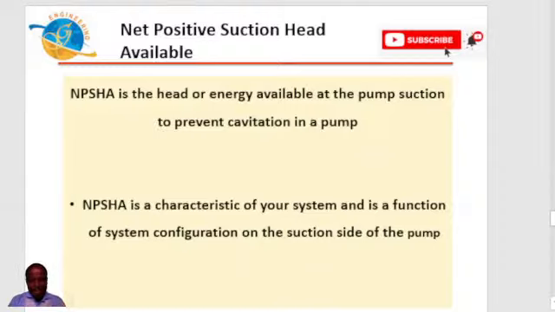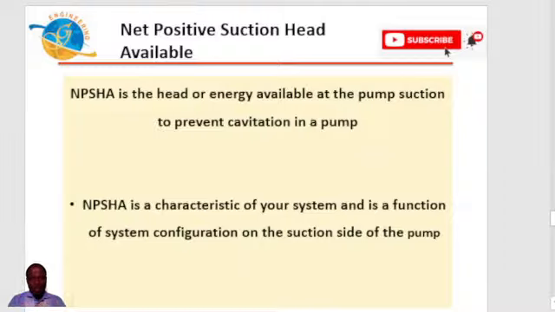In the course of today's training session, we'll be looking at how you determine NPSHA, the net positive suction head available, for your pumping system. I mentioned that NPSHA is actually a characteristic of your system, a characteristic of what you have in your plant.